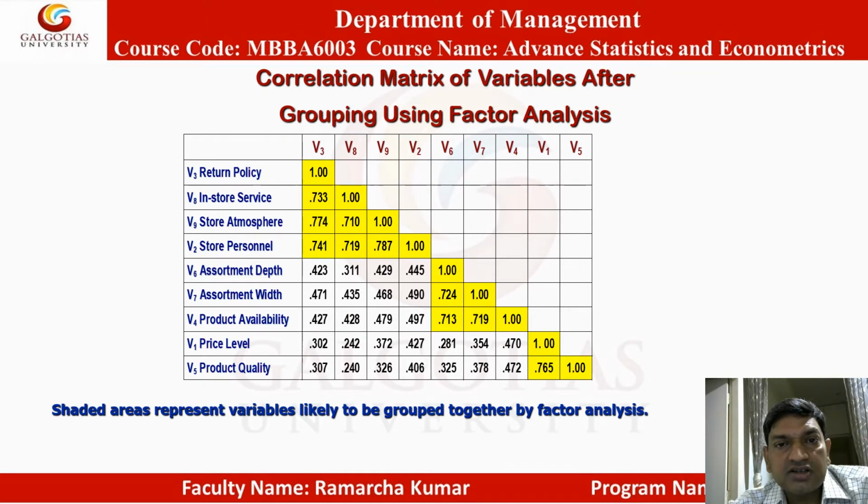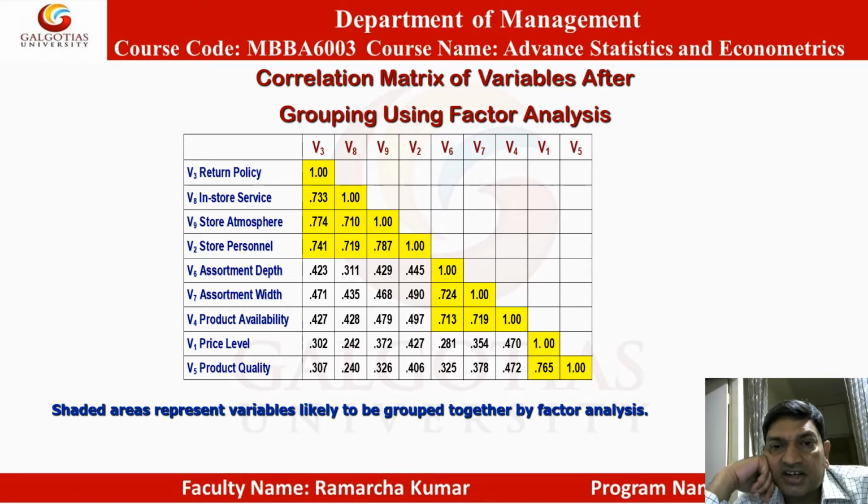Now look at this correlation matrix of variables after grouping using factor analysis. We look at which variables are highly correlated so that one factor can capture the variation in these variables. V3, V8, V9 and V2, that is return policy, in-store service, store atmosphere and store personnel, these 4 have high correlation.